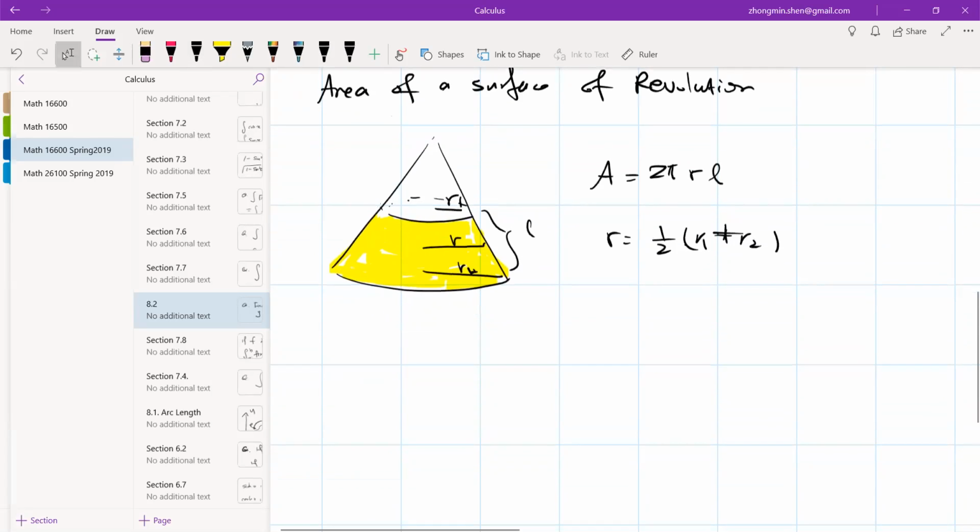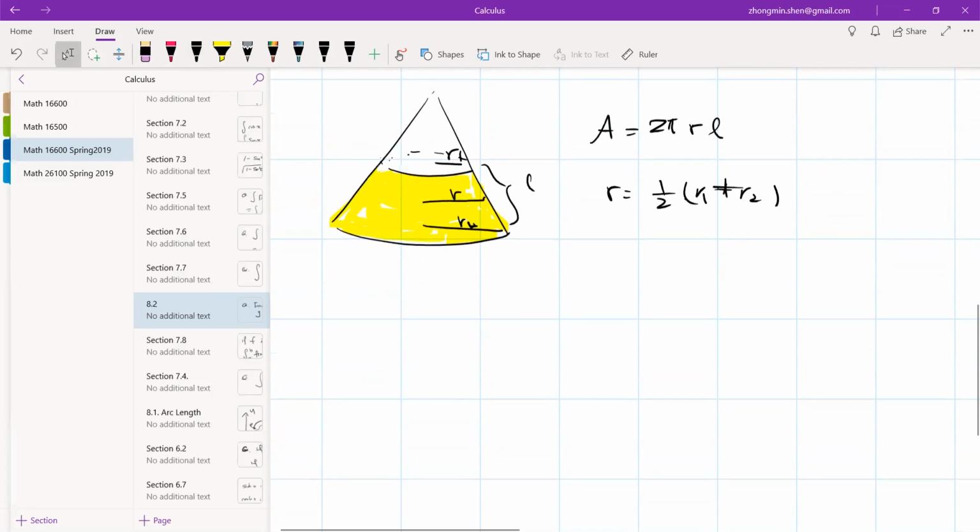The idea is simple. We have a curve in the space, and we have an axis. We can measure the length of this curve, so the arc length will be S, from here to here.